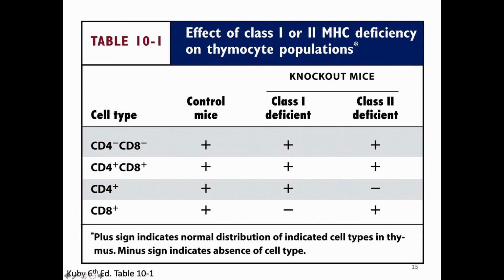So one of the easier things we can do is use mice that have a knockout either in MHC class 1 or in MHC class 2. These are actually pretty hard knockouts to do because you have many class 1 genes and many class 2 genes.